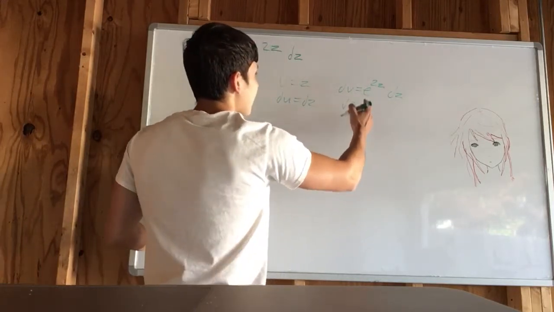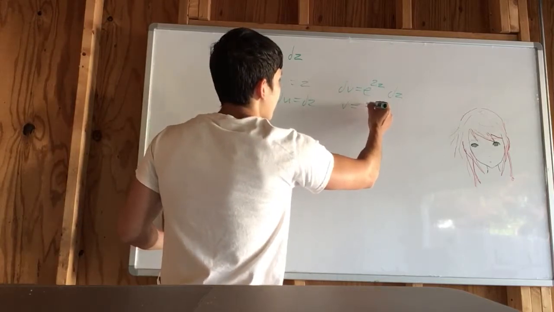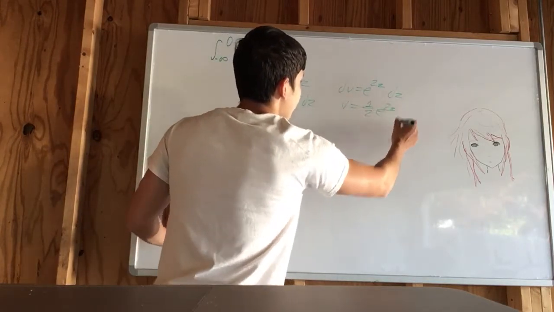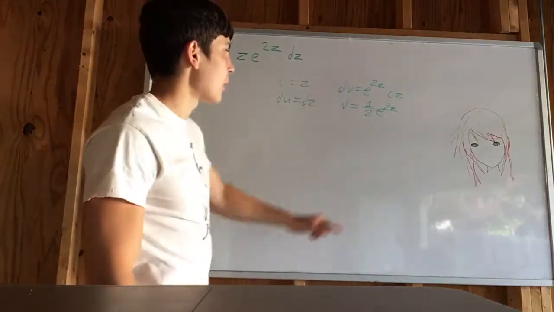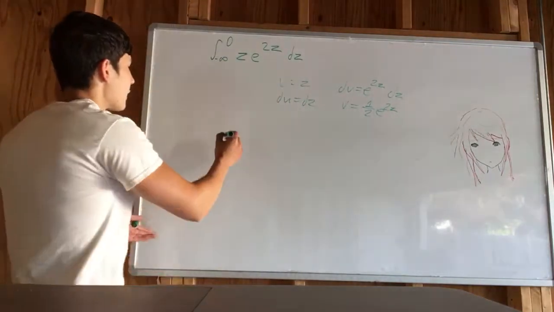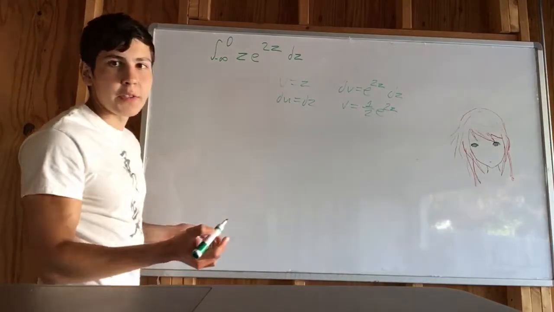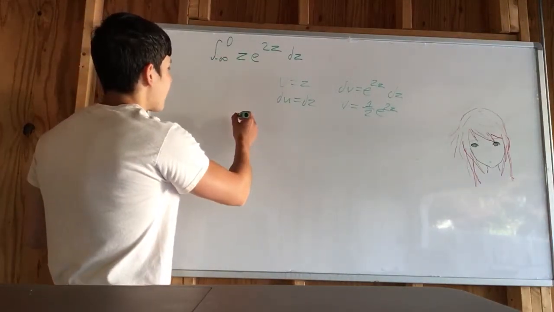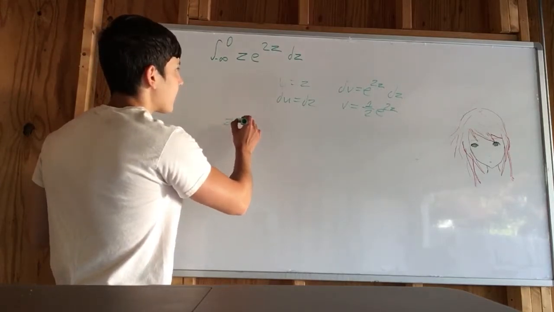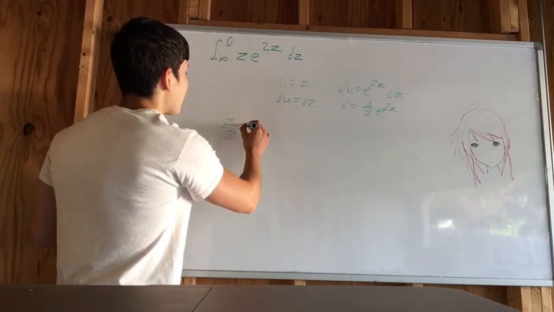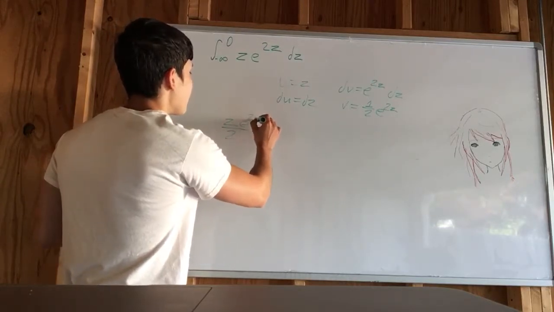V then becomes 1/2 e to the 2z, because we're integrating. So with integration by parts, we do u times v minus the integral of v du. So we have uv gives us z over 2 e to the 2z.